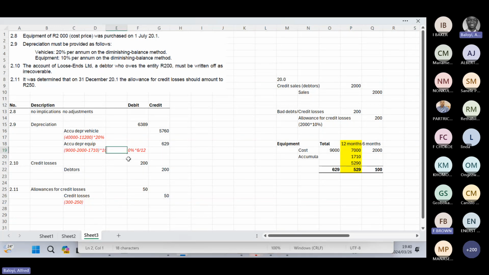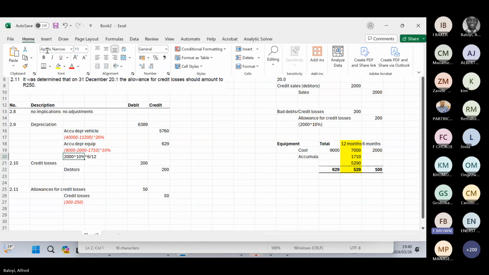Oh, what you can do is this one. It's a separate calculation. For example, you can put it this way. This should give you, let's see, more or less.